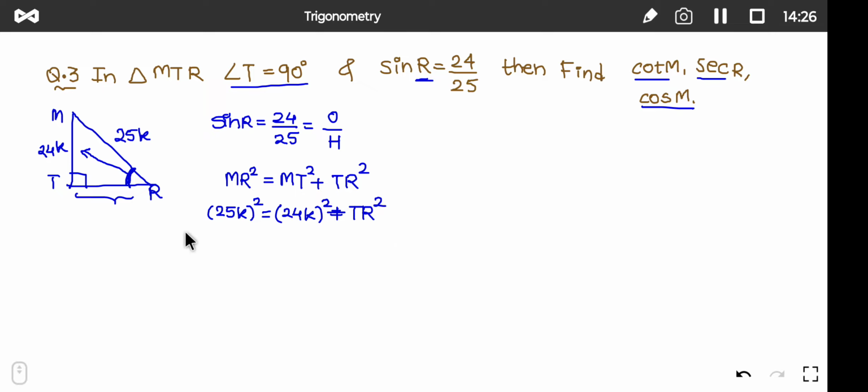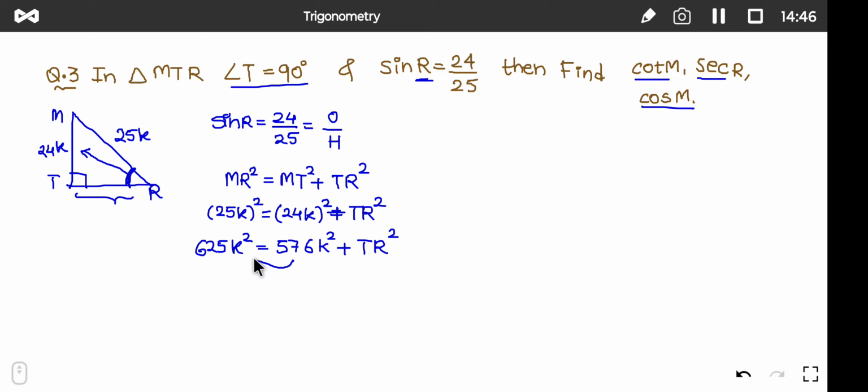So TR square as it is. So 25 square k square, which is 625 k square. Then 24k square, which is square of 24, which is 576 k square plus TR square.